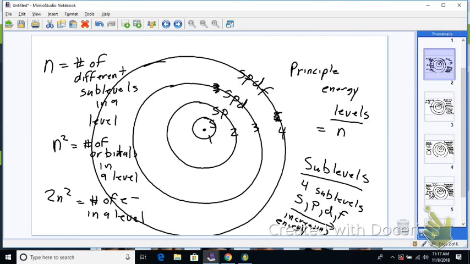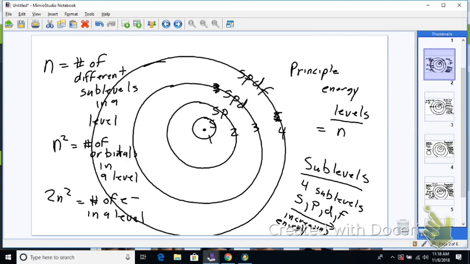Okay. Now without getting into D's, if I say 3, how many different orbitals can the third level hold? 9. 3 squared. Does that make sense? If I say 4, it'd be 16, right? 16 different orbitals, each holding 2.